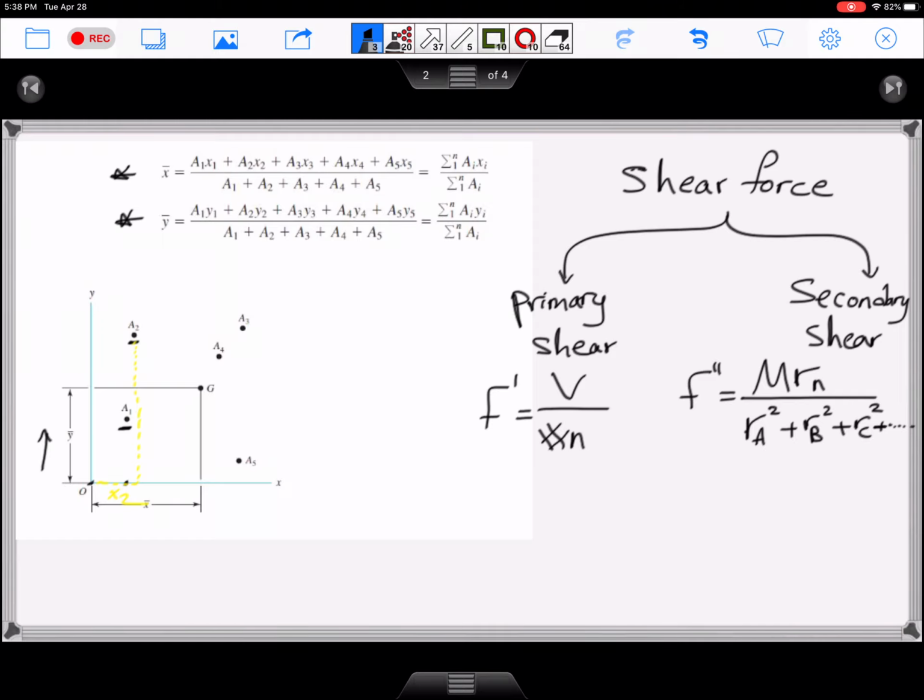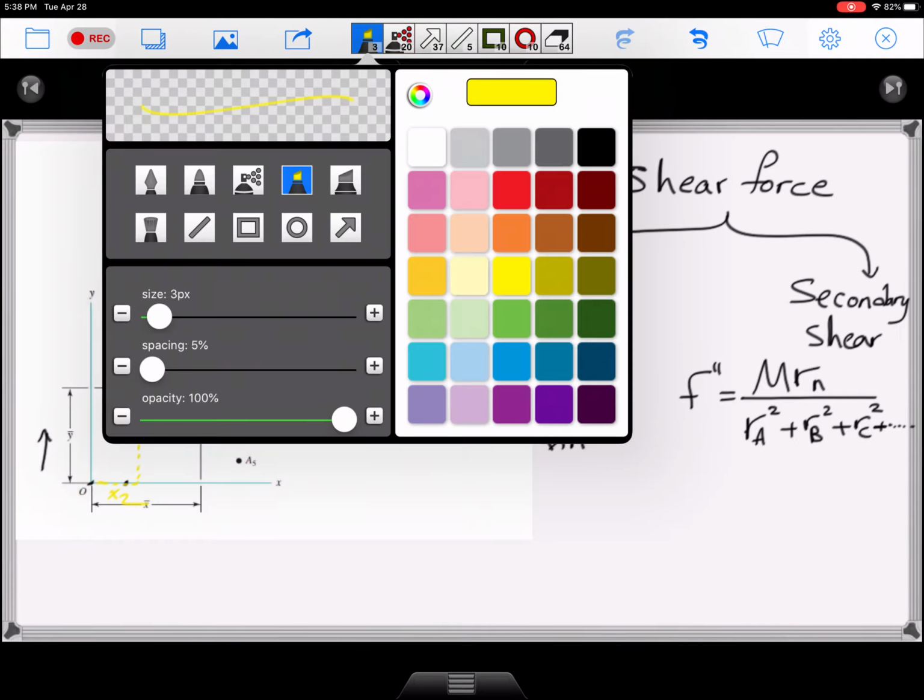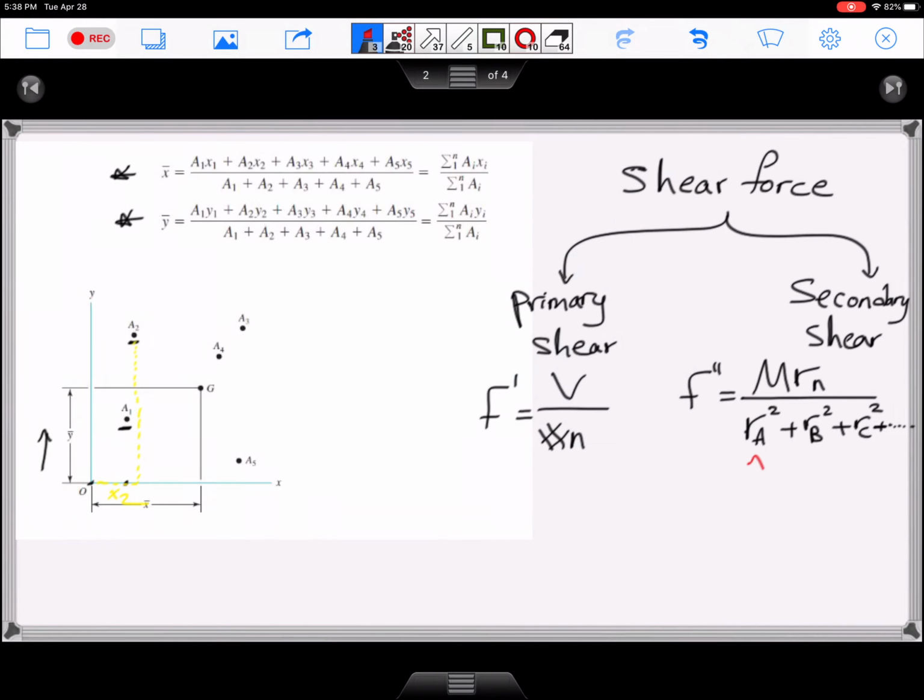You might be wondering, what is Ra? And what is Rb? Same thing, what is Rc? Ra is just the distance from the centroid G of these bolts to bolt A, or to pin A. So this is your Ra.